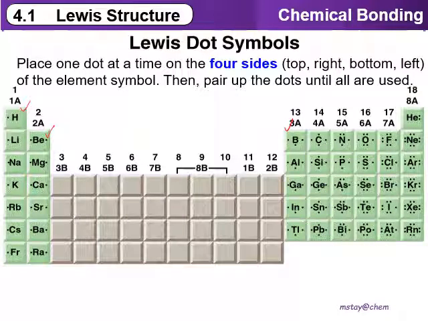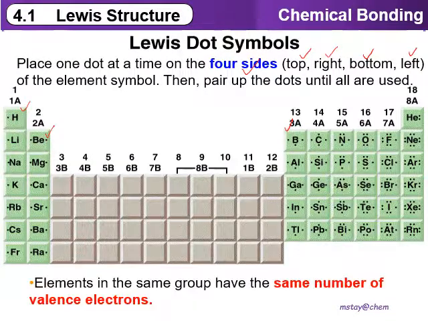So as mentioned, we place the electrons 1 dot at a time on the 4 sides: top, right, bottom, left, which I showed in the previous slide. Then you will also notice all the elements in the same group always have the same number of valence electrons. So that's why their Lewis dot symbols are almost similar, just different in terms of the symbol of the element.